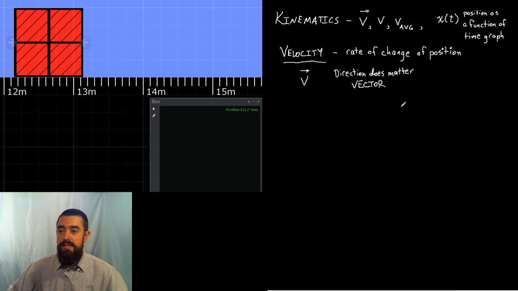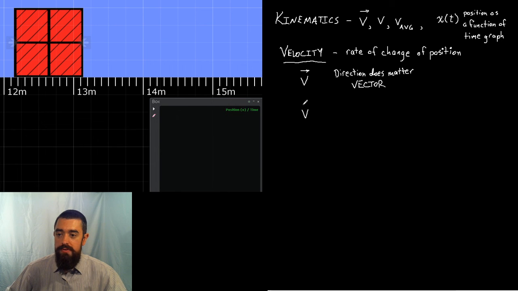We're basically categorizing all of these quantities as: is it a vector quantity, meaning is the direction communicated by the quantity? Or is the direction not communicated, in which case it's a scalar quantity? So V with an arrow over it for velocity is the symbol.